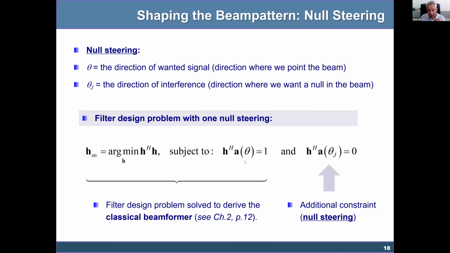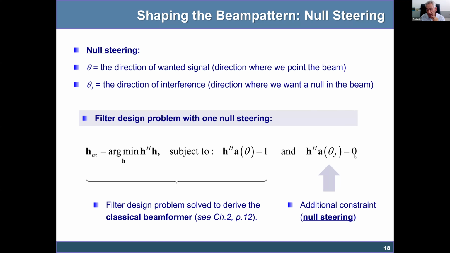Okay, if you want to put a null, the idea is to add the constraint in the optimization problem. And the constraint should be of this kind. So we want to kill a signal coming from direction theta j. So here we want the signal to pass. Here we want the signal to be cancelled.